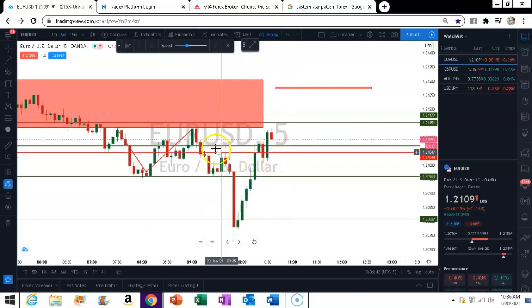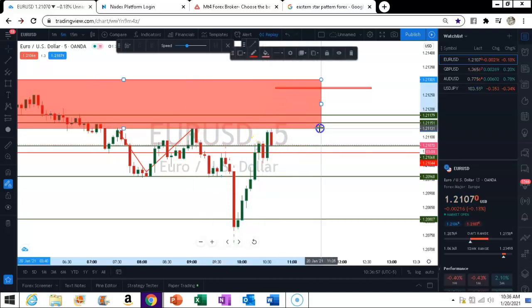We are in a downtrend though, still down. We're trending down, and we just created a double top right here. So we're still below this range, even though we have a bullish engulfing, a bearish engulfing, bullish engulfing.